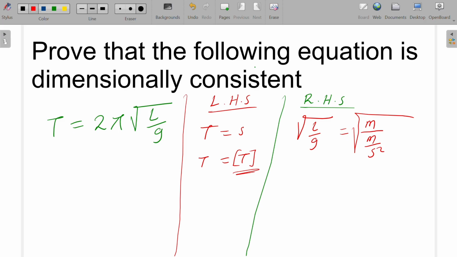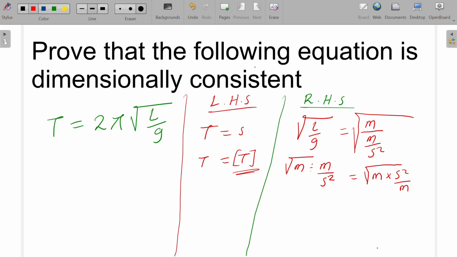We can write it as the square root of m divided by m per square second. When we do our simple mathematics, we change the division to multiplication, and we'll have s squared divided by m inside there.